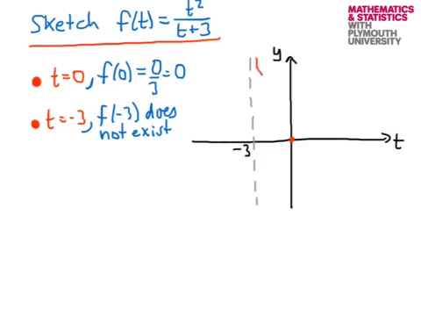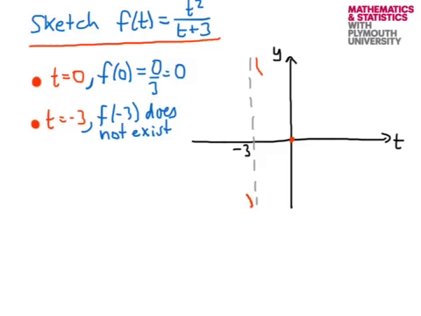So this is roughly what our asymptote is going to look like. Similarly, for t being to the left of the line minus 3, the numerator is positive, but t plus 3 is going to be negative in this region here. So we're going to have something negative.